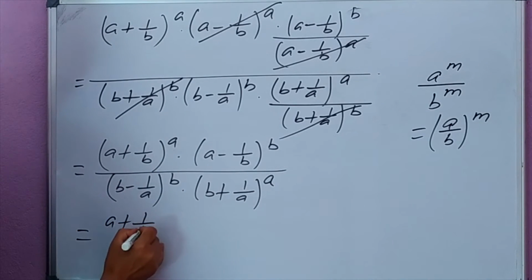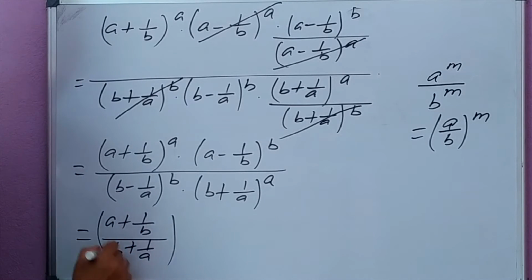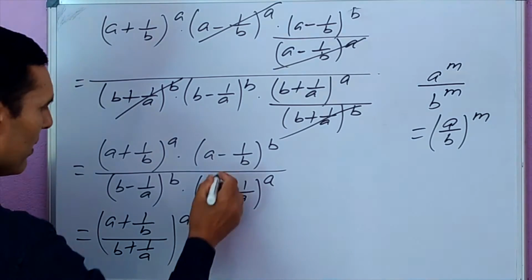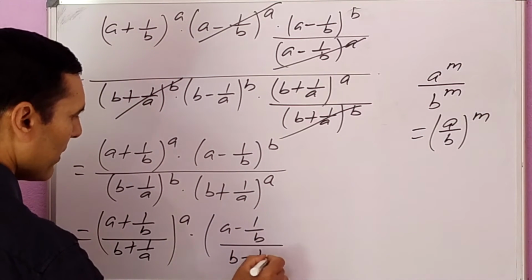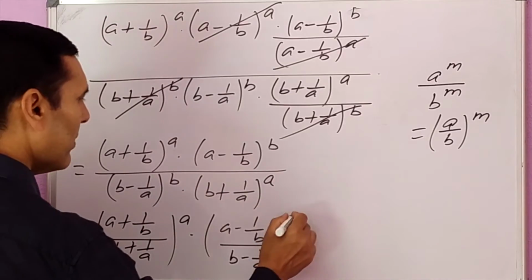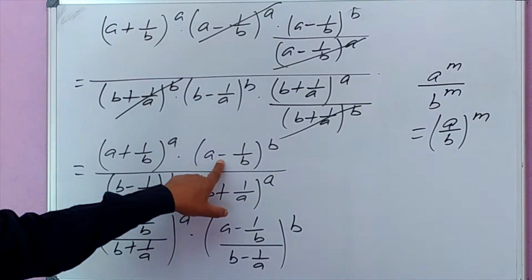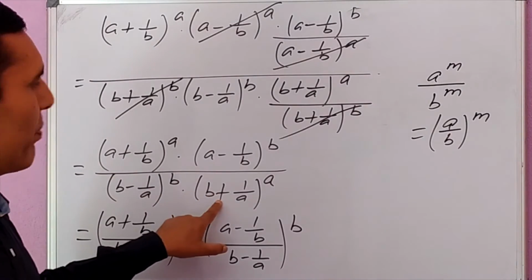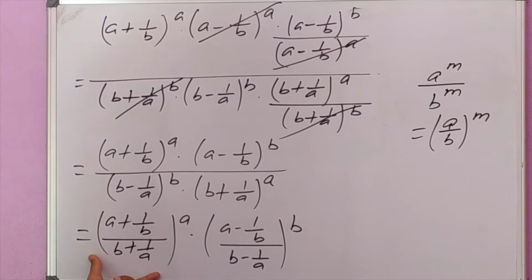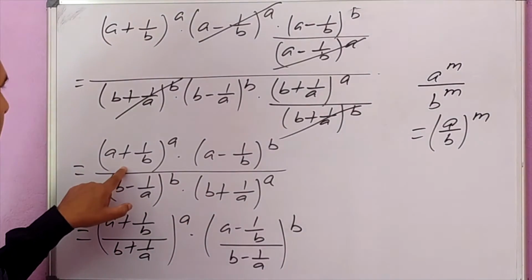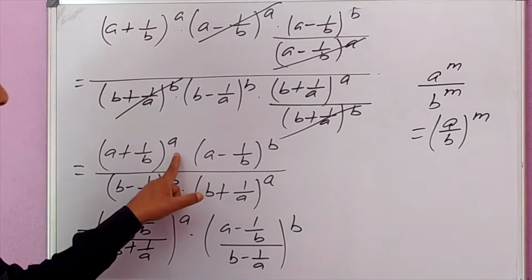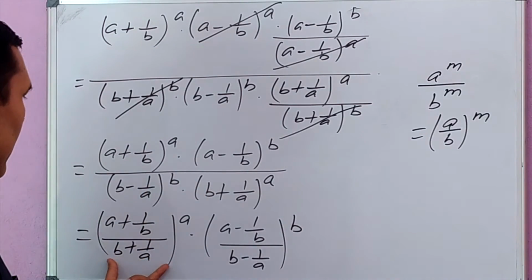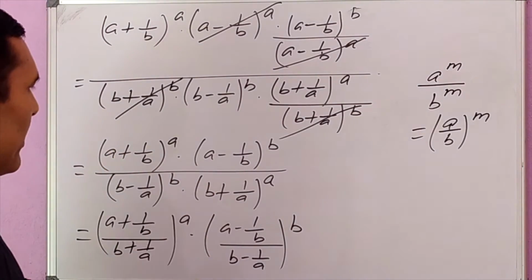So we can do the same thing here for this and this: (a plus 1 upon b) upon (b plus 1 upon a) to the power a, and (a minus 1 upon b) upon (b minus 1 upon a) to the power b. This a plus 1 upon b and b plus 1 upon a are kept together: a plus 1 upon b in the numerator, b plus 1 upon a in the denominator, both have the same power a, so the same power is raised for both this numerator and this denominator.